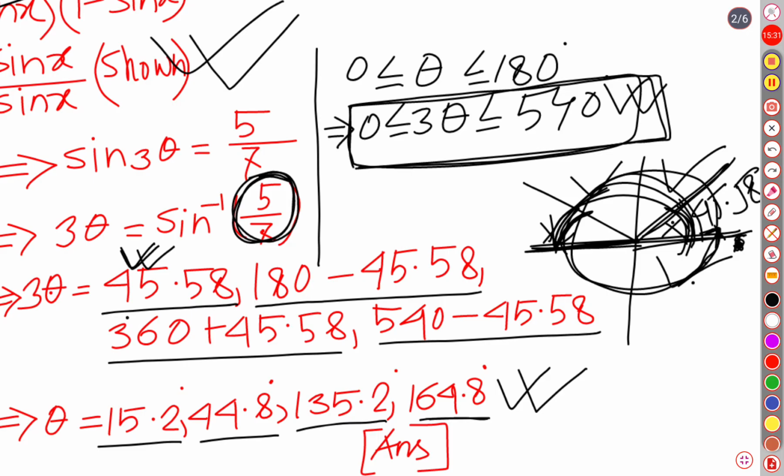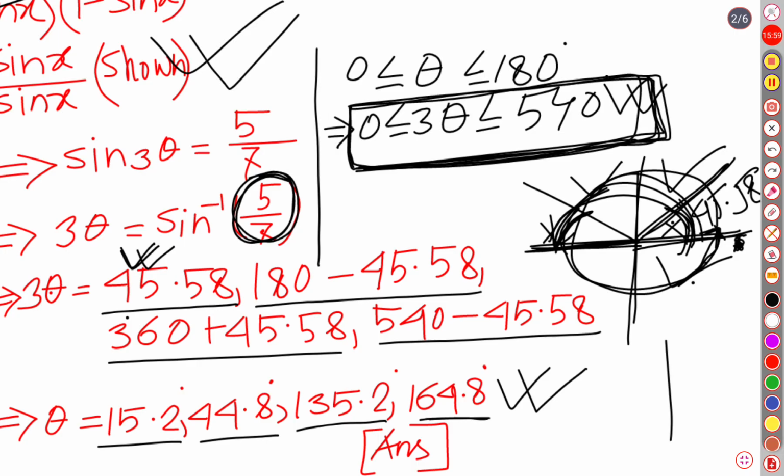Always the graph is given as a transformed graph, sometimes translated, sometimes enlarged, sometimes shrunk or compressed. So whenever a transformed graph or function is given, first of all we should know the domain, or the value of x. If we can determine the domain, then we will decide the first quadrant and second quadrant.